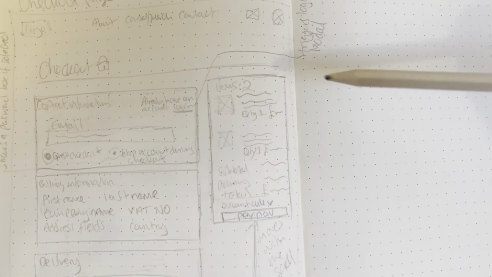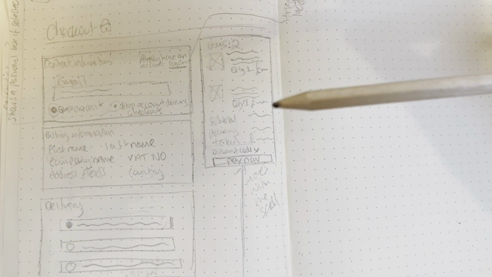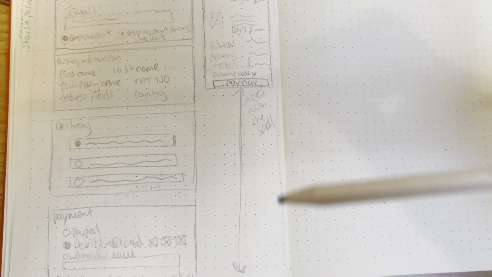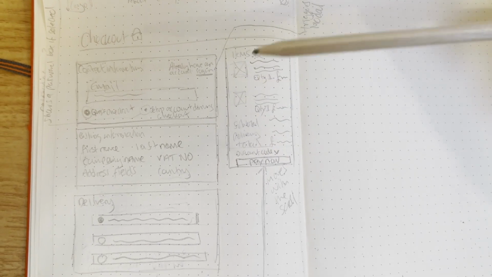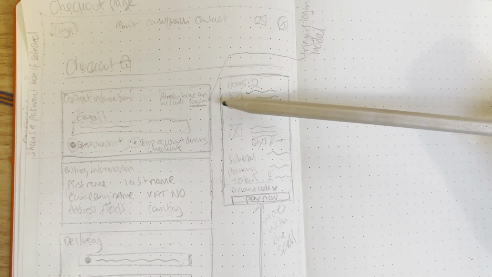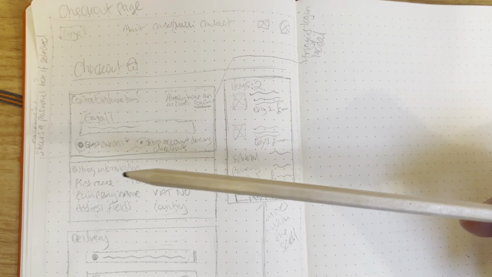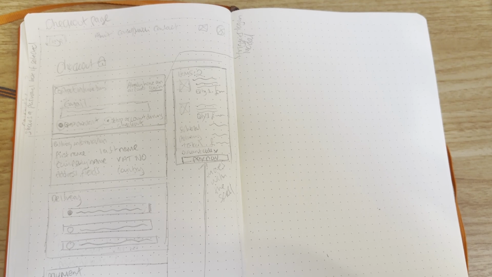We have the items in your basket here on the right hand side, and this element can shift and scroll down as you scroll the page. And there's the pay now option in here, discount codes, all the usual things that you would put in a checkout. We have the ability to log in to your account, or the ability to create a guest checkout. So this should cover most of our requirements now.